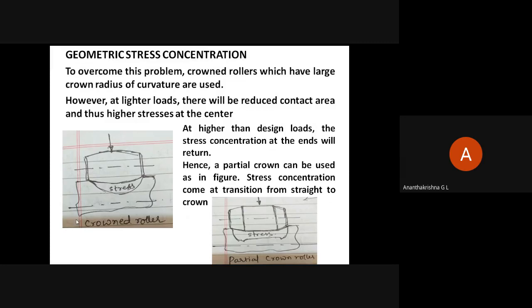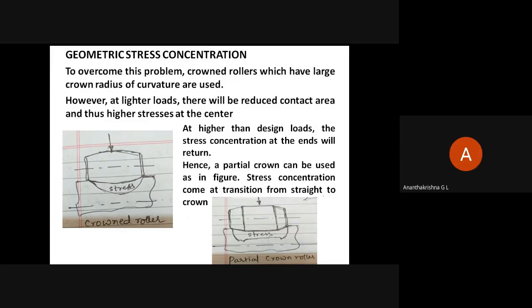Please note down the diagrams. Crown roller, this is the partial crown roller.